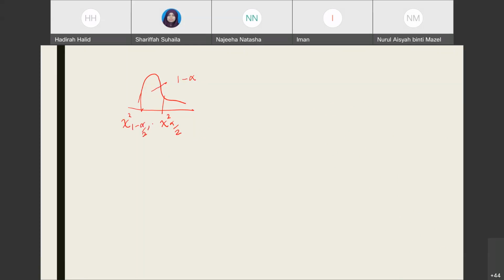Let's say I put here italic V for degree of freedom. So you want to find the probability that chi-square 1 minus alpha over 2, V is less than chi-square alpha over 2, degree of freedom V, and the probability is 1 minus alpha.